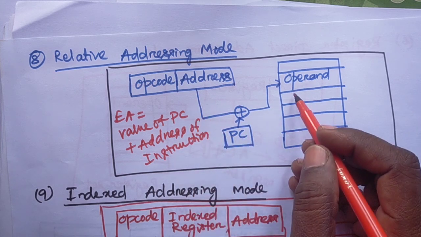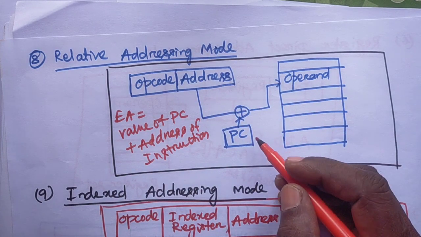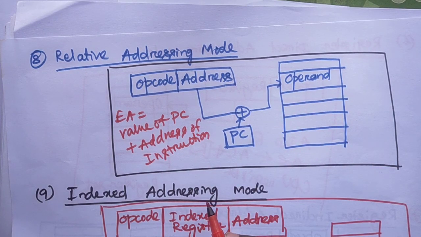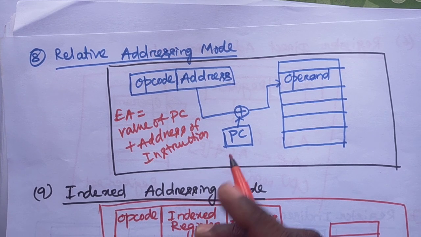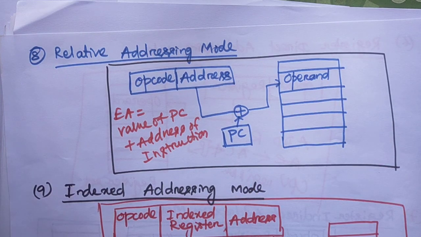So we do not go directly there, some relative addressing mode is there. So through PC it can be defined where the operand is available. Okay, that is the concept regarding relative addressing modes. Very simple way, different addressing modes can be defined. Because PC is increasing, automatically they find out where the operand is.